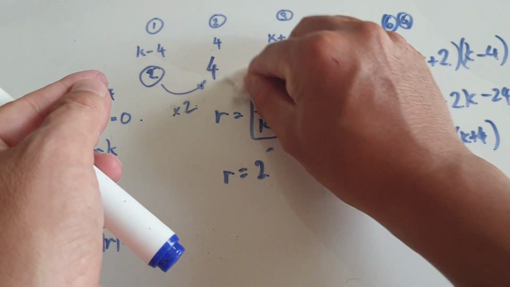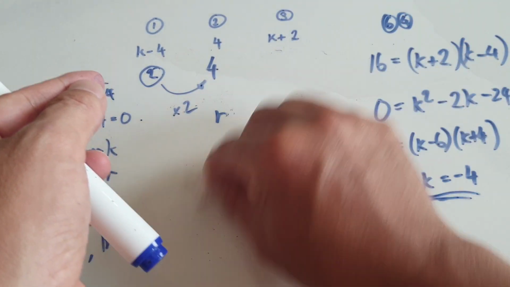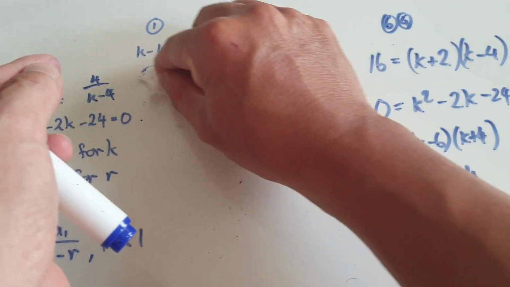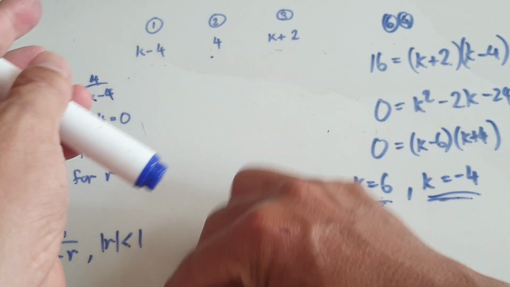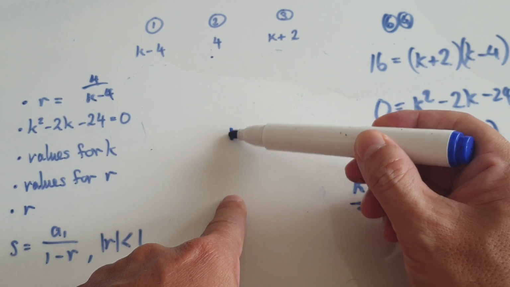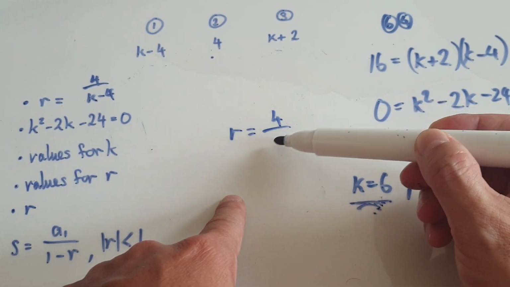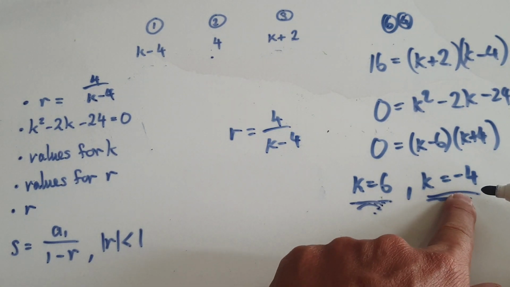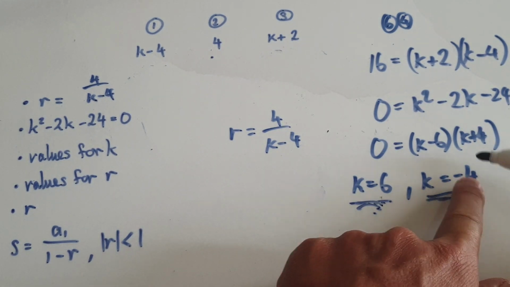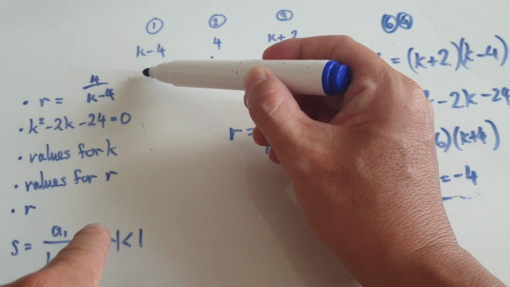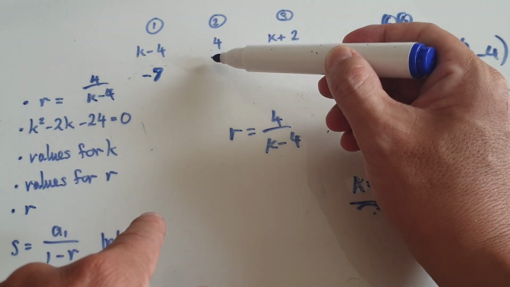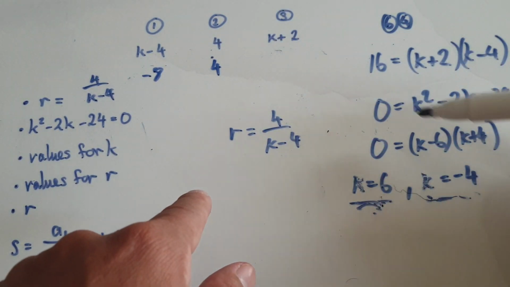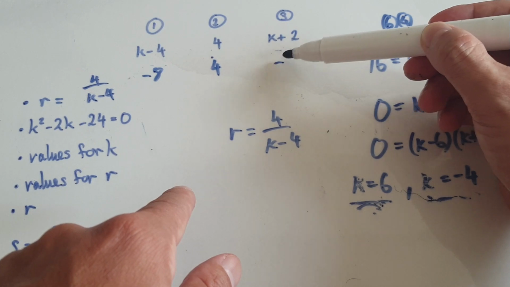Now let's look at k equals negative 4. Our common ratio earlier was 4 over k minus 4. Let's look at the case when k is negative 4. When you put negative 4 into the k here, this will be negative 8. 4 remains as 4. Negative 4 into this k here would be negative 2.